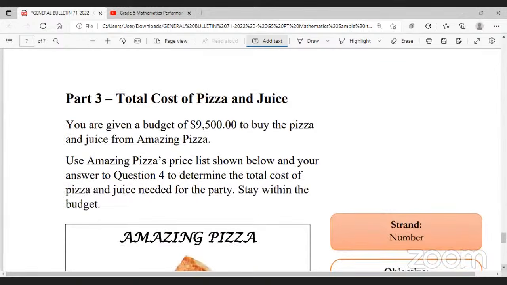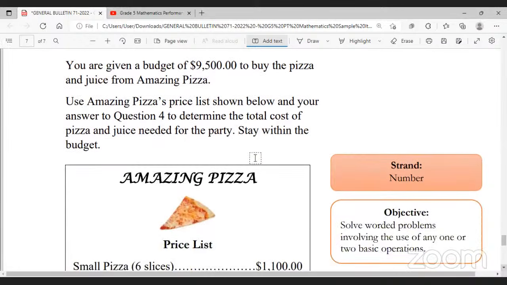Now, this is the final part of this mathematics performance task. We're still within the time frame to complete our task. This part has to do with the total cost of pizza and juice. This question goes back to the number strand.